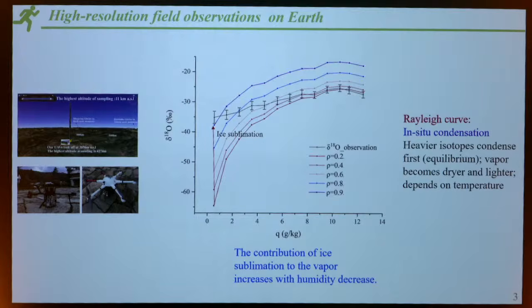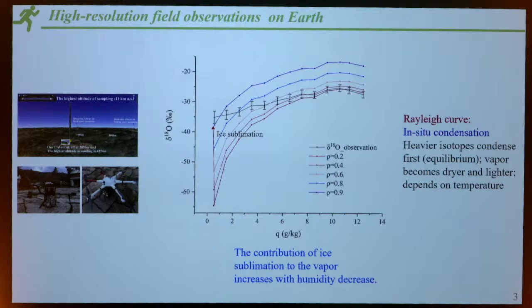We can see that the simulations, the dot points, consistently lie above the Rayleigh curve. It indicates that ice sublimation elevates D/H on both planets, with a stronger effect on Mars because of the longer lifetime of ice crystals, larger temperature swings, and lower pressure.